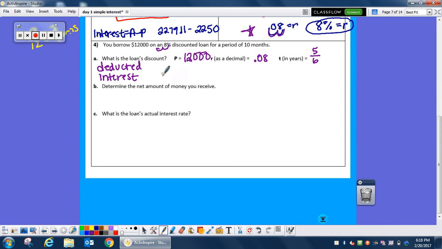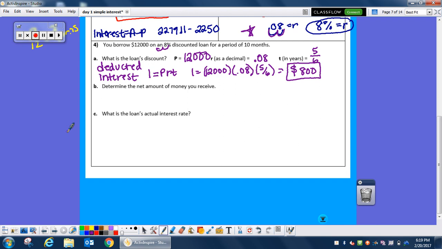Okay? So we just use this formula, I equals PRT. So we're going to do 12,000 times 0.08. So I would practice doing this multiplication because you want to make sure you get $800 is how much interest we're going to pay in the beginning.